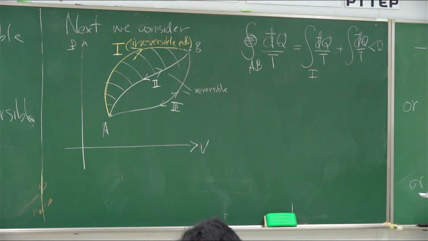So if part I is an adiabatic, I mean no heat transfer in and out, meaning that it is isolated from the surrounding, because there is no exchange of heat with the surrounding.